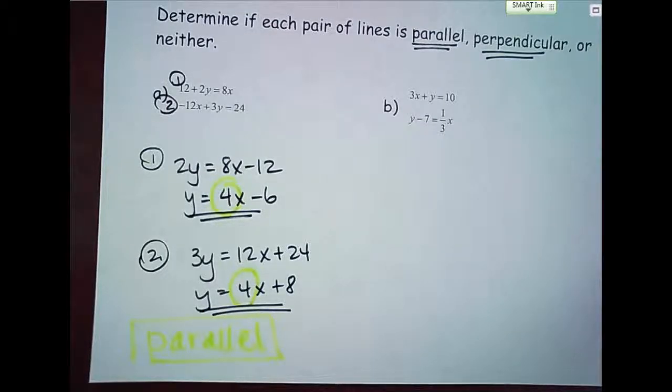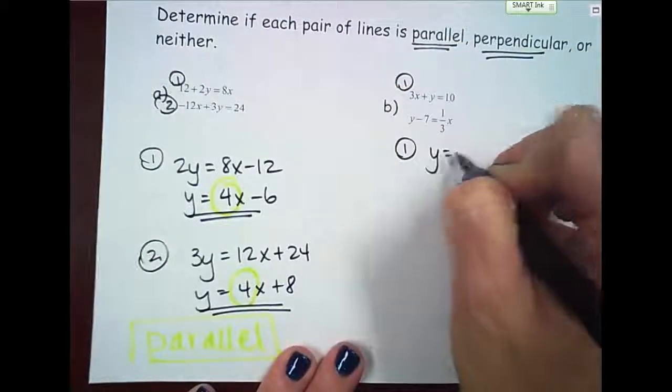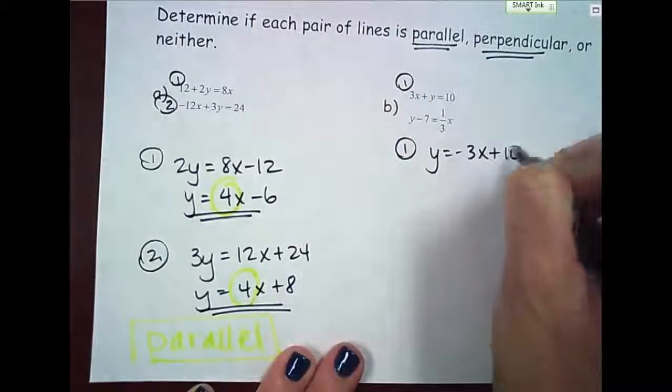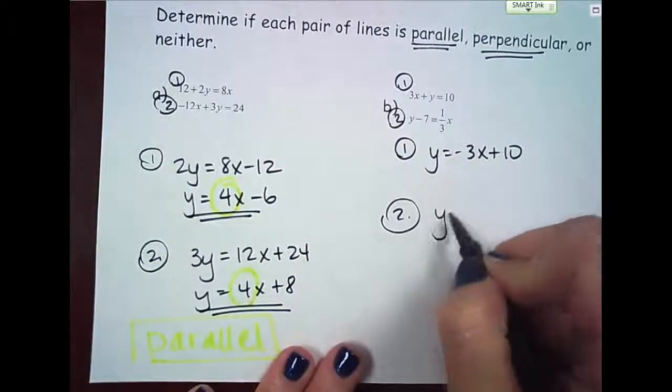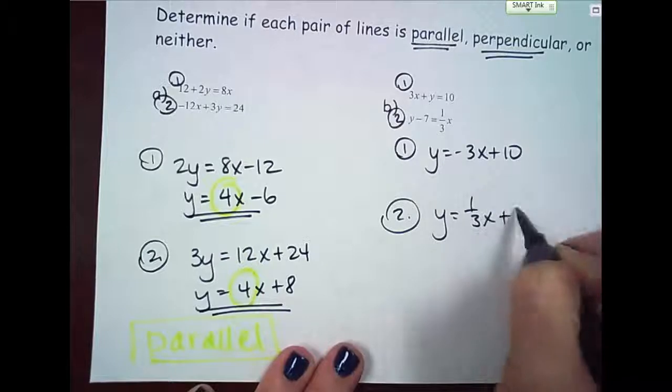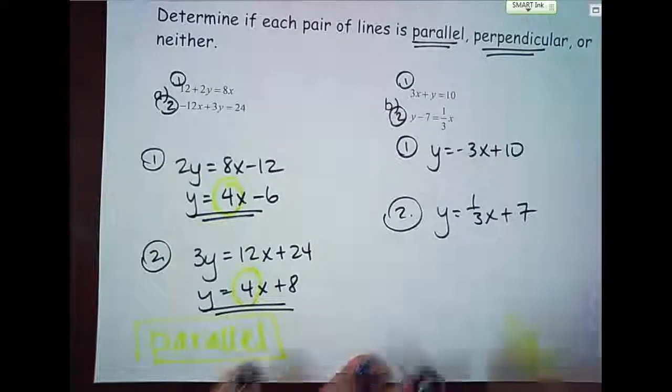Go to B. Decide what you take. Parallel, perpendicular, or neither. Start with line 1. Go to line 2. Look at the slopes.